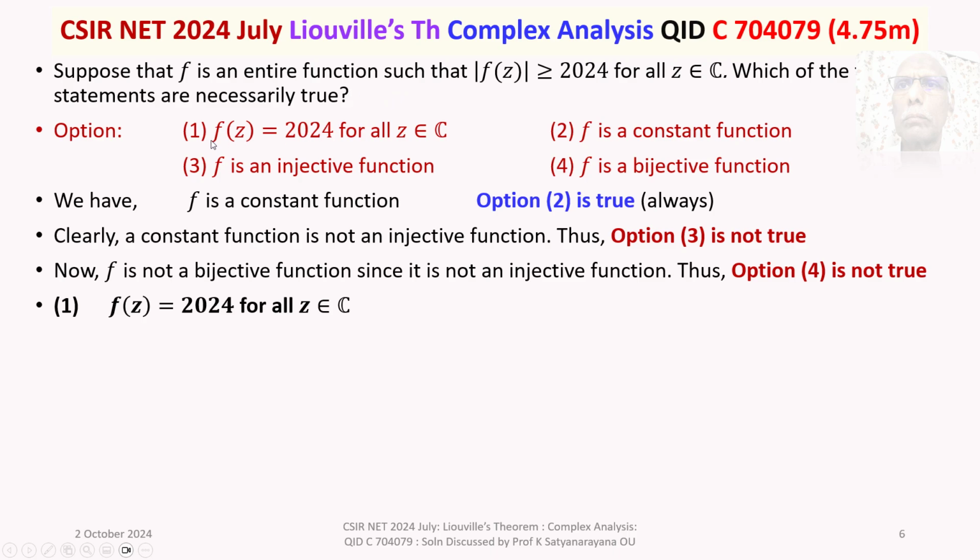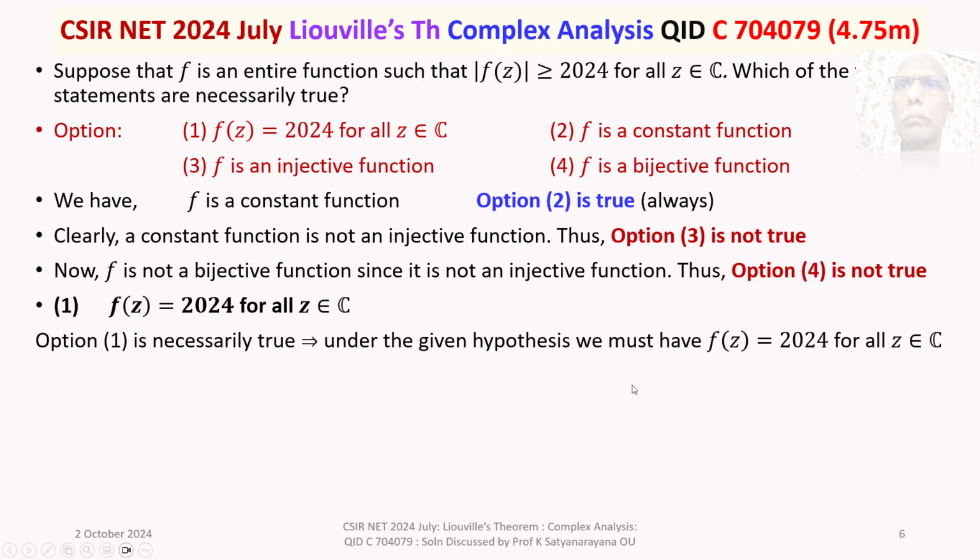That means, is option 1 necessarily true? What do you mean by necessarily true? Option 1 is necessarily true means, under the given hypothesis, we must have f(z) is equal to 2024 for all z belongs to C, and it is the only solution.